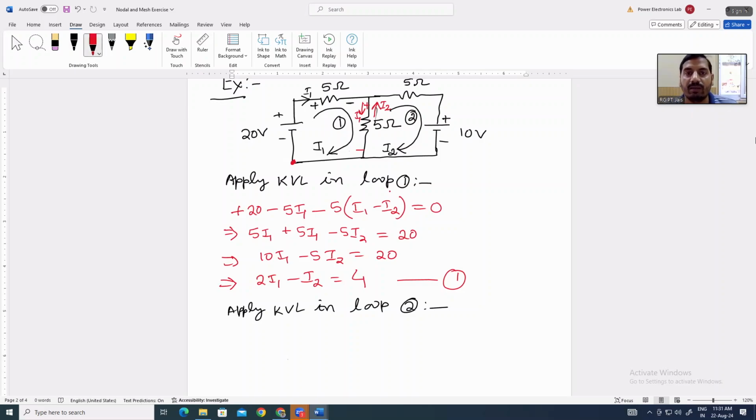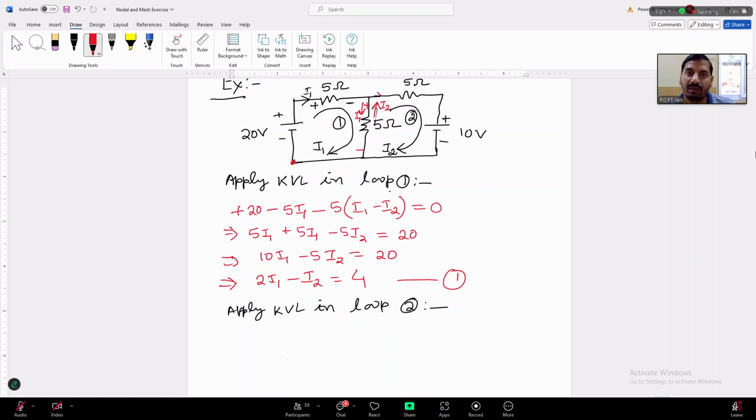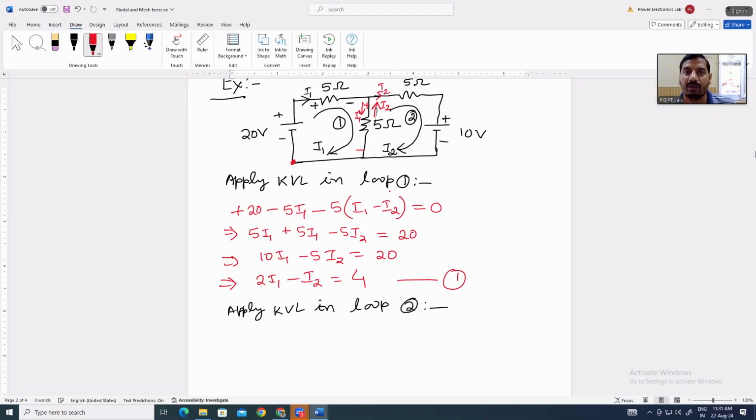In this we have taken the current direction assuming I1 is greater. So the voltage polarity we have already assumed in this branch. For this branch we have to mark the direction of voltage drop. I2 is going here in this direction. So where will it be positive and where will it be negative?